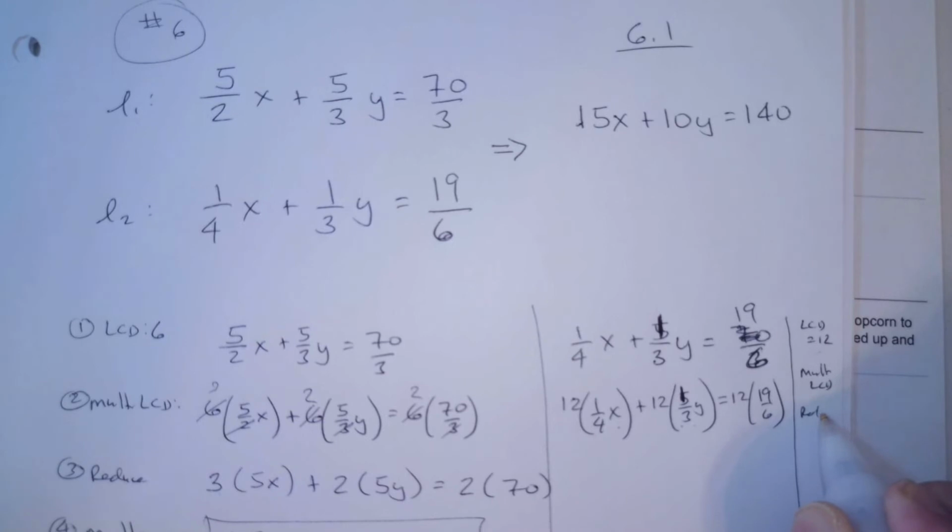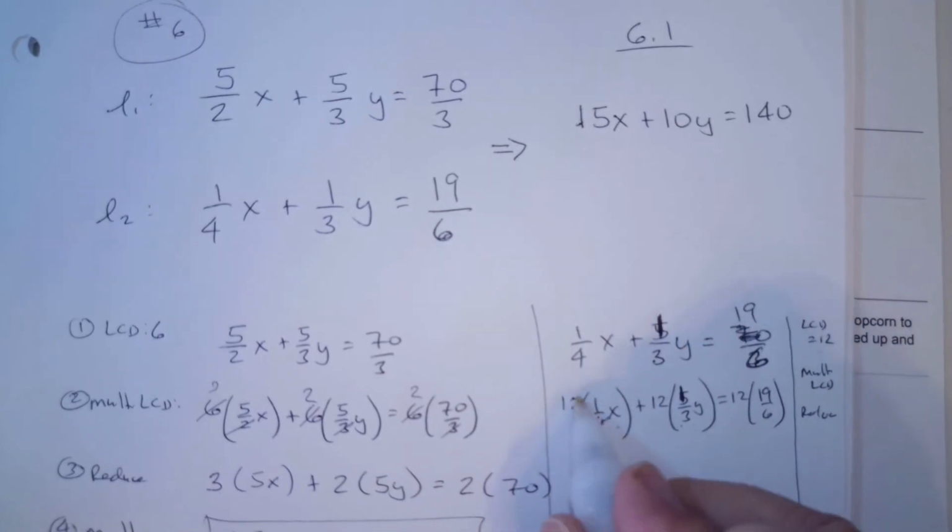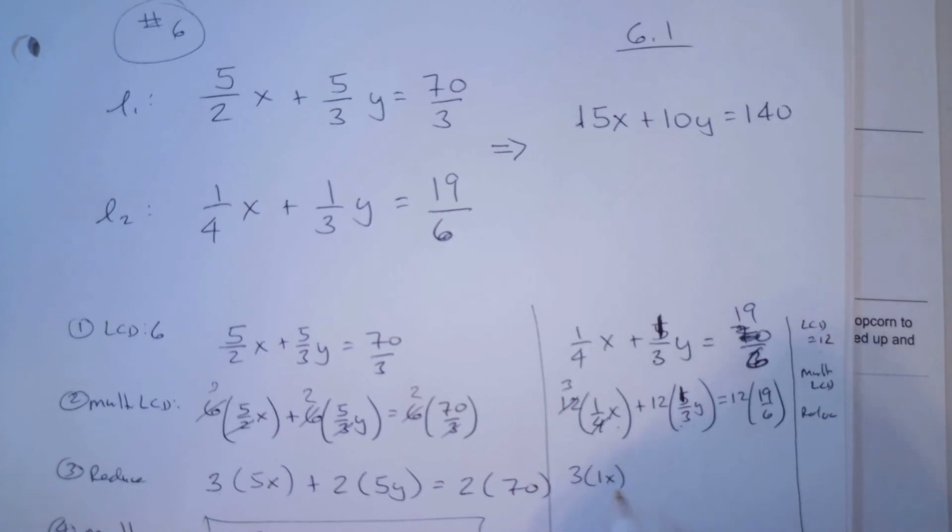Reduce. 4 goes into 12 3 times, so we have 3 times 1x. 3 goes into 12 4 times, so you have 4 times 1y. 6 goes into 12 twice, so we have 2 times 19.